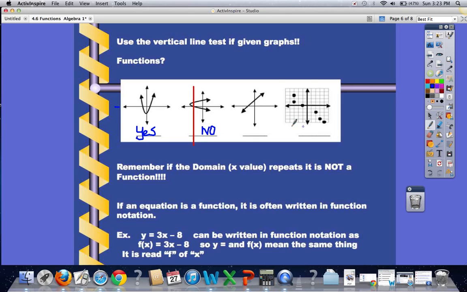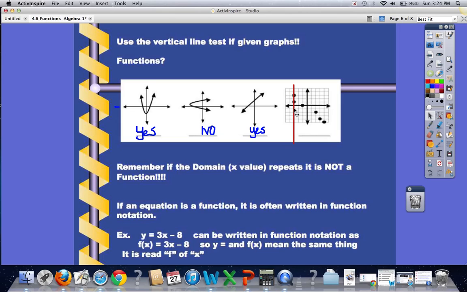Okay, let's go back and get my vertical line. Drag it across the next one. I'm going across left to right, and the line only touches one place, so that's a function. This is a yes. All right, then let's try the last one. This time we don't have a line, we just have dots. We go left to right.